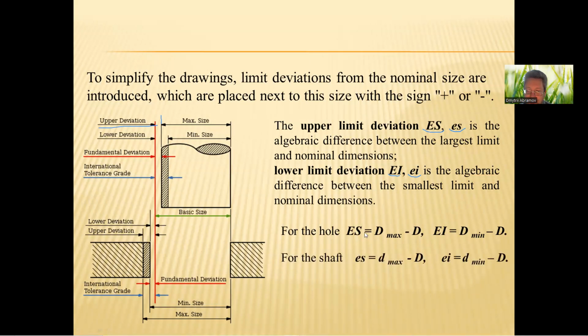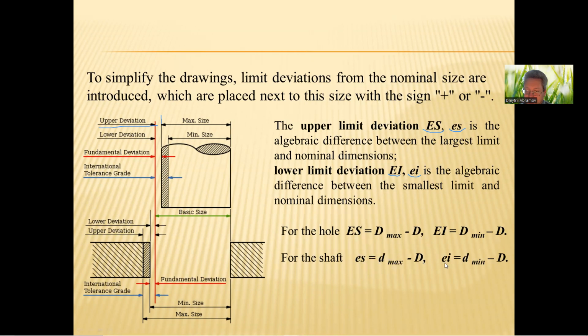For the shaft, small es is equal to d suffix maximum minus d, where small d suffix maximum for the shaft is the largest diameter of the shaft.